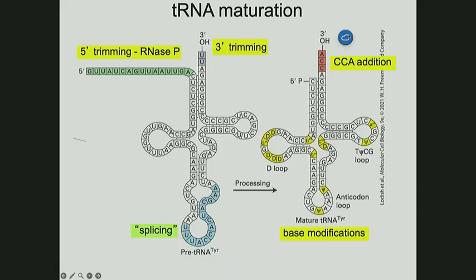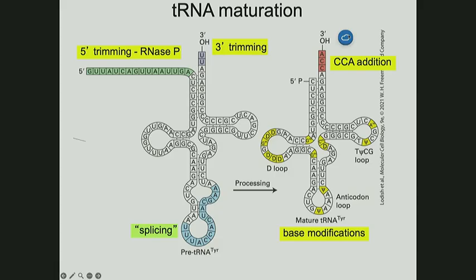It's a good name for it because what it does is it adds specifically CCA onto the 3' end of every tRNA. And this is important because, as we'll see later in class, it is at this 3' end where the amino acid is going to get attached so that that tRNA can be used in translation.